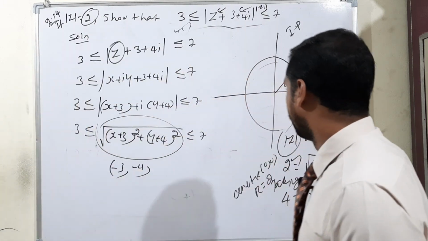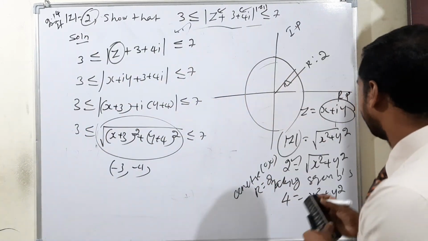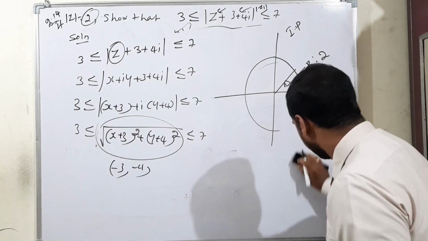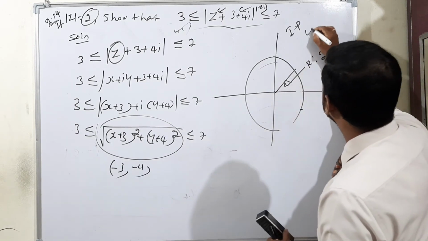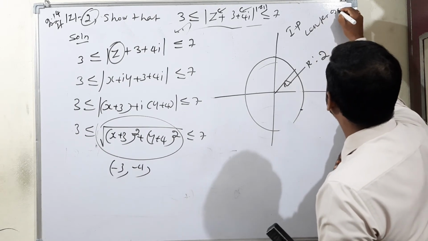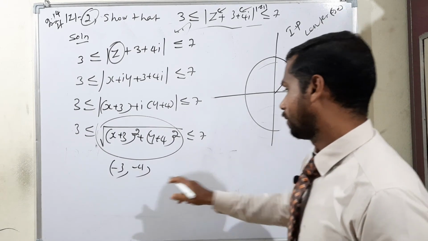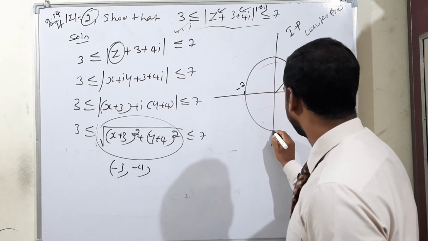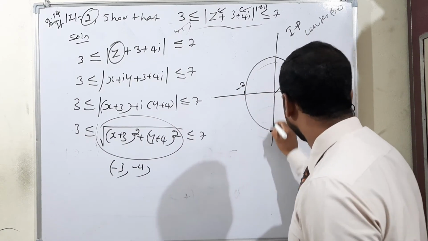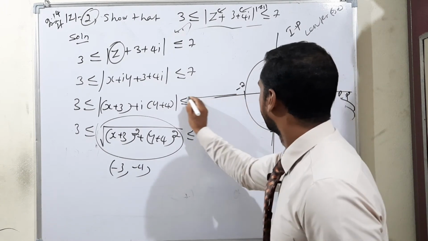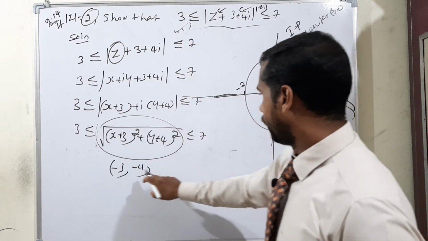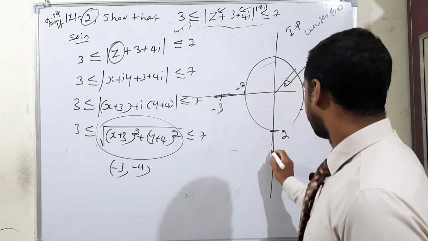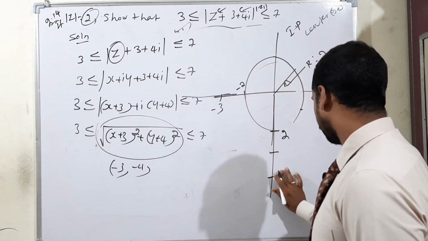This is a normal plane, center 0 comma 0, so the radius will be 2. Here the center is minus 3 comma minus 4. We need the point minus 3, minus 4.